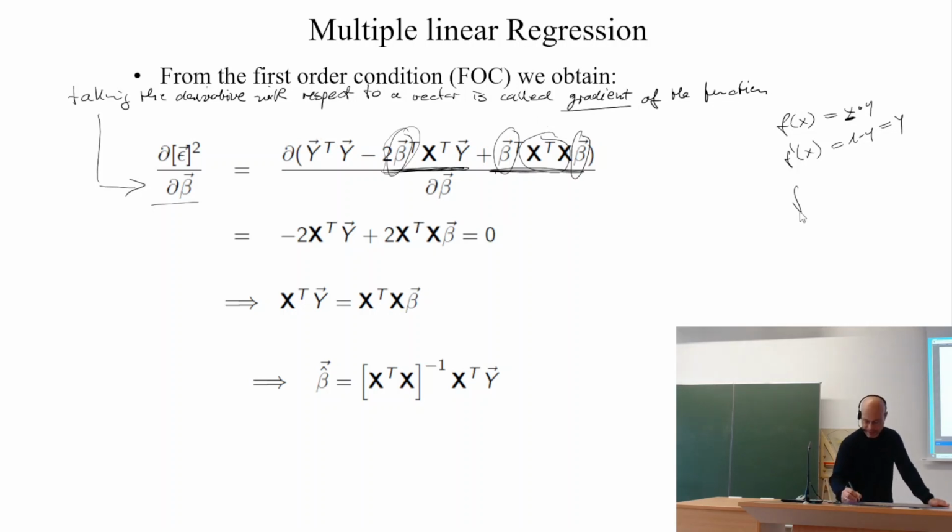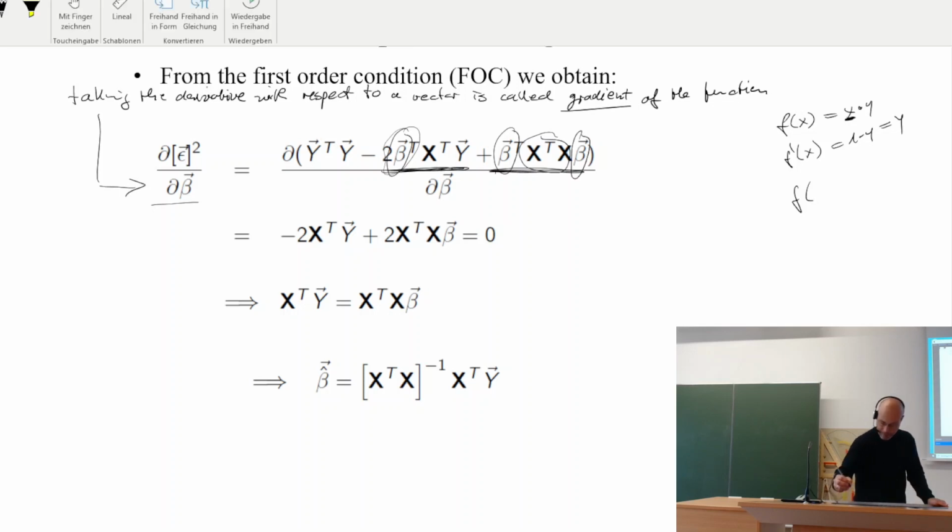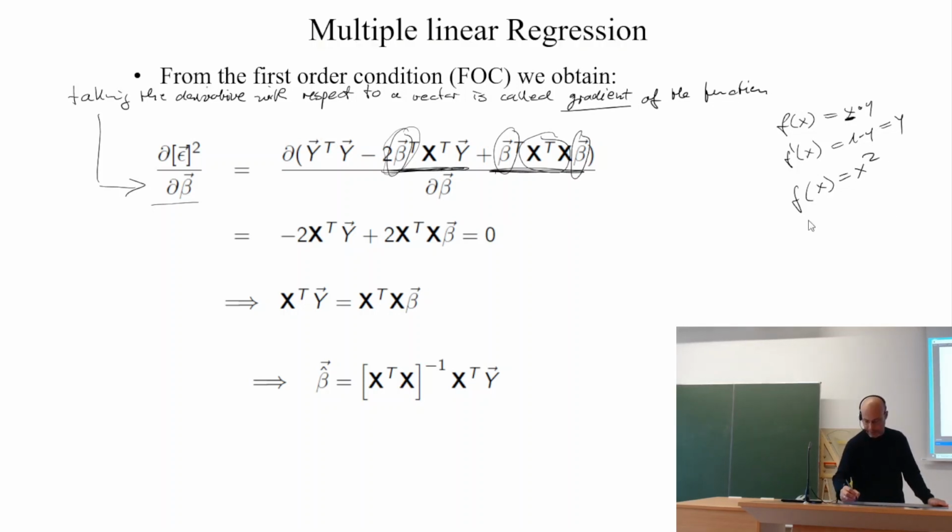And if I have f of x, oops, not prime, equals x squared, then f prime is just 2x, and therefore if we treat this as beta squared, then if we take the derivative, we just write down the exponent in front of our function and lower the exponent by 1.